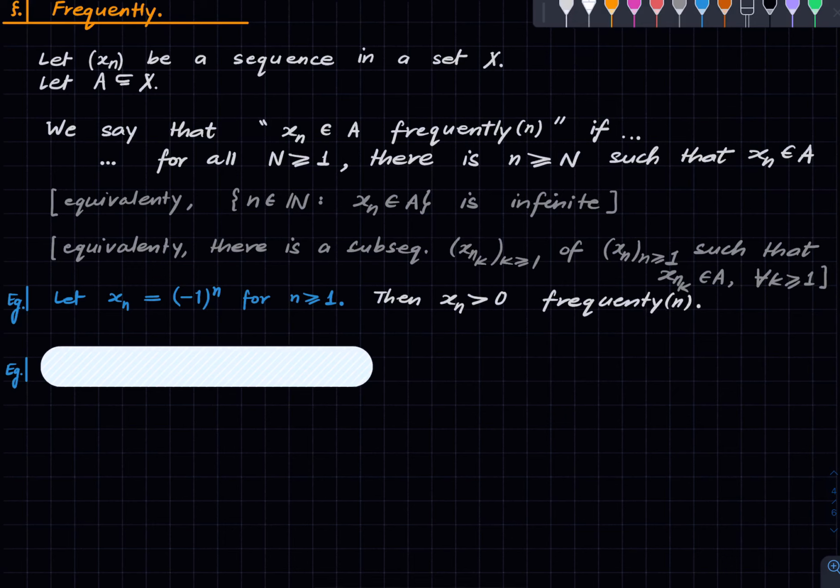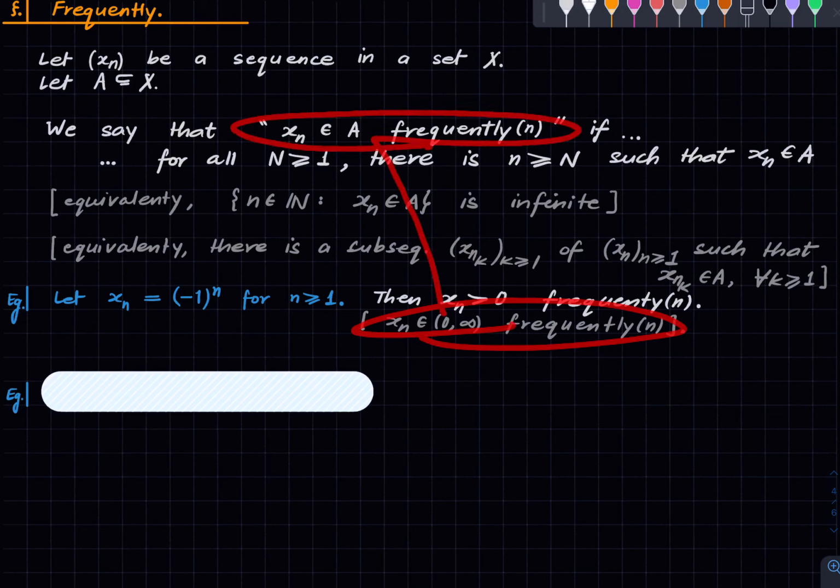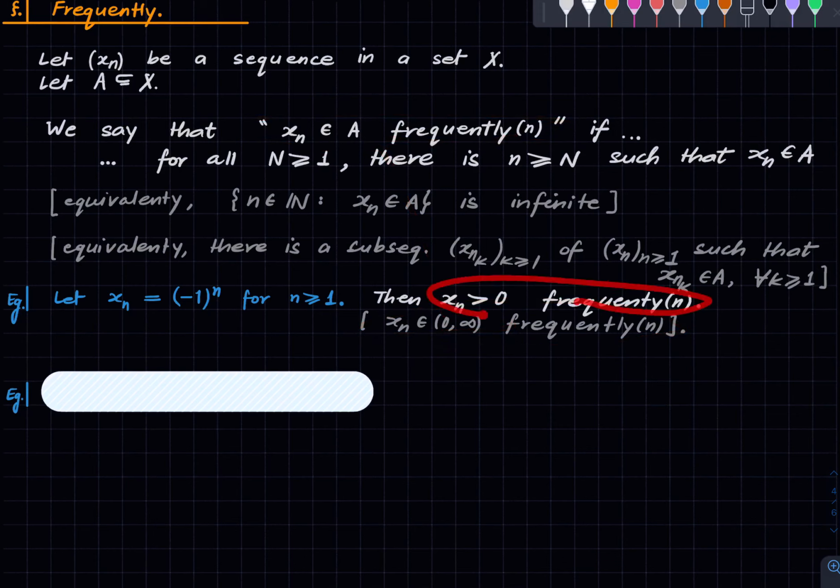Now you might say, well, we haven't said anything about greater than or less than here, but again, one can supply the correct definition. We could have written it in another way, that xn belongs to the positive reals frequently. That conforms much more to this way of writing, but this is completely fine. So that's a very simple example.